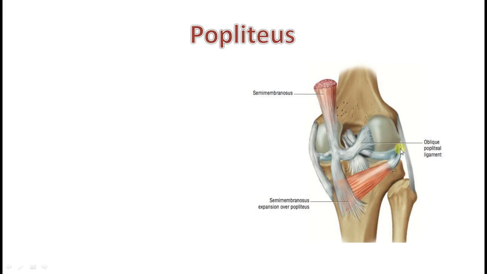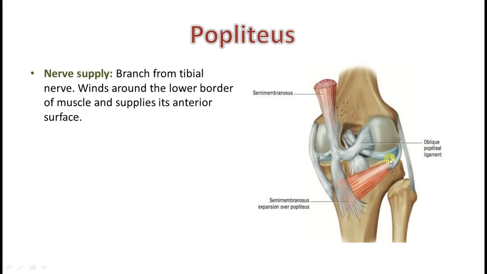So here you are able to see the tendon of popliteus, insertion above the soleal line of the tibia, and a few fibers inserted into the lateral meniscus, and these muscle fibers are called the articular muscle. The branch from the tibial nerve winds around the lower border and supplies the deeper or anterior surface of the muscle.